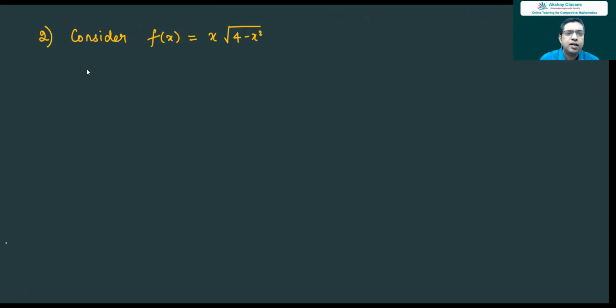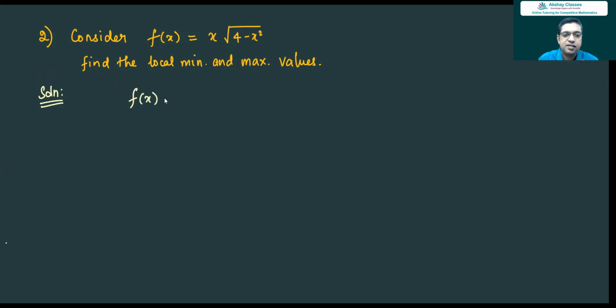Find the local minimum and maximum value of this function. Now this is not a straightforward polynomial, it is an irrational algebraic equation.